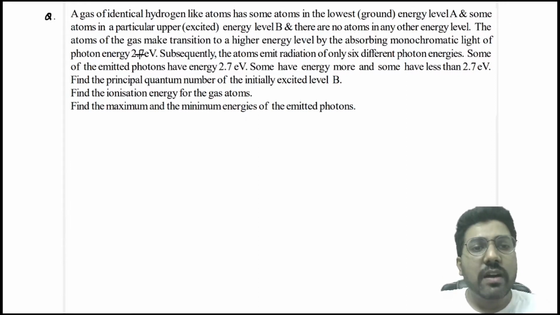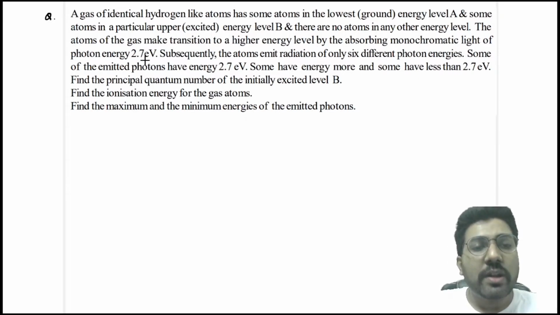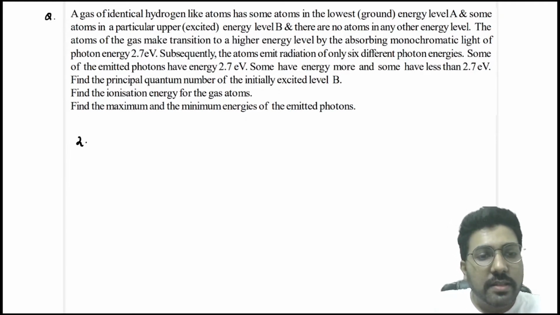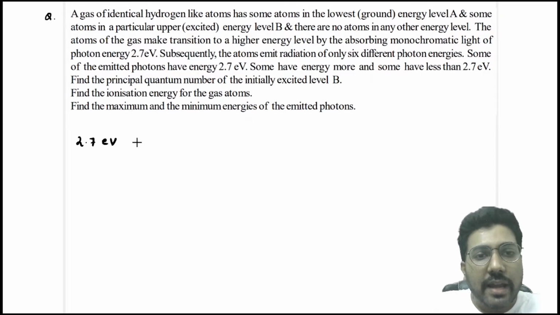The atoms of the gas make a transition to a higher energy level by absorbing monochromatic light of photon energy 2.7 electron volt. So that means 2.7 electron volt energy is absorbed by this atom, and it reaches from N1 to N2.